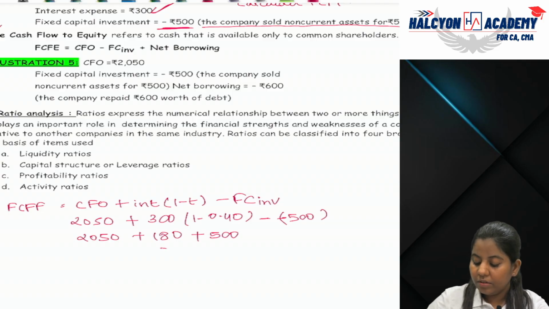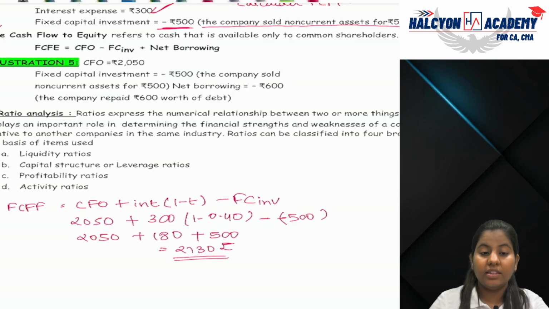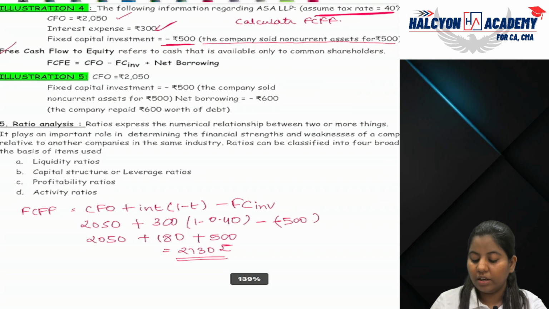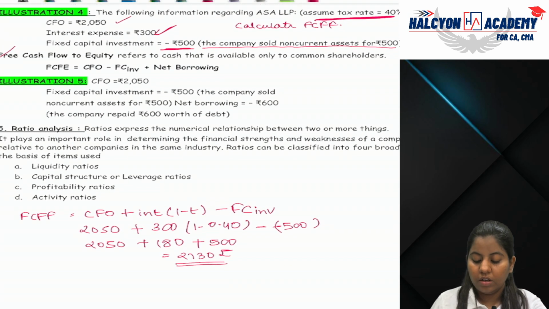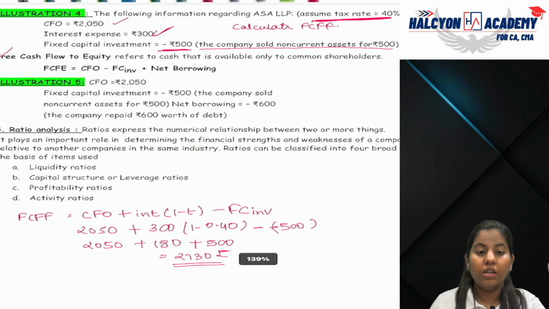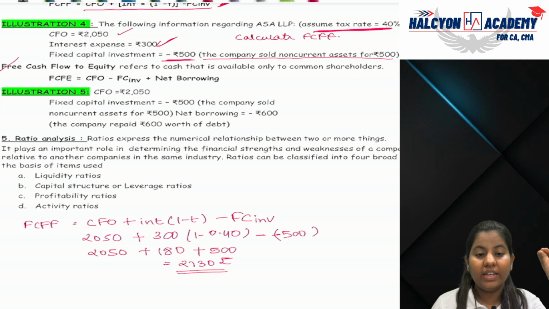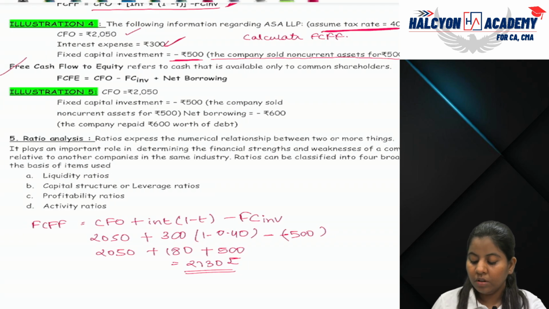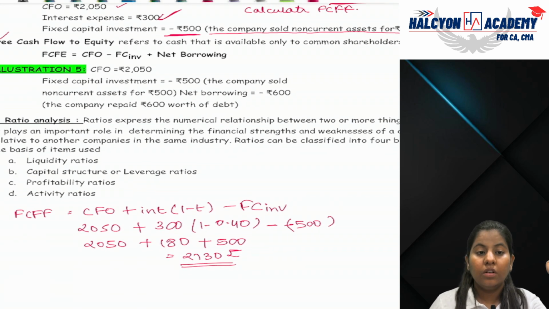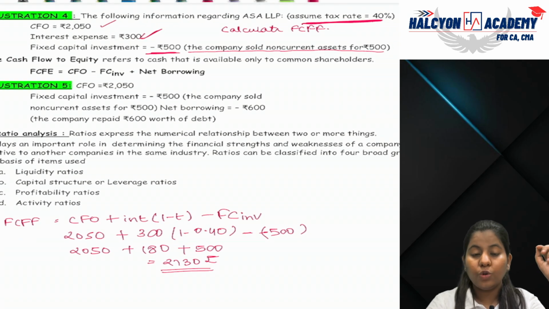It will be 2730 rupees. The answer will be 2730 rupees. Is it clear to you all? It was very, very simple. So in SPM, for FCFF and FCFE, we have to solve the simple illustrations only, the formula based questions.